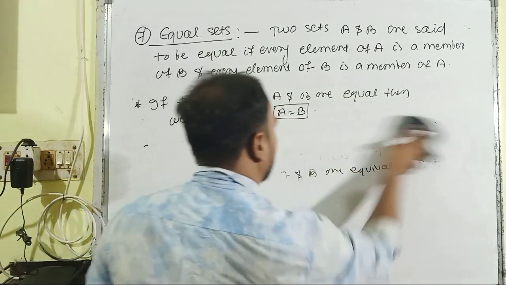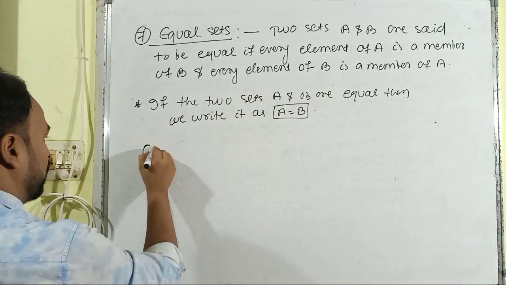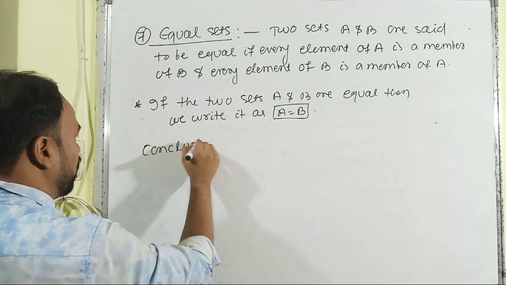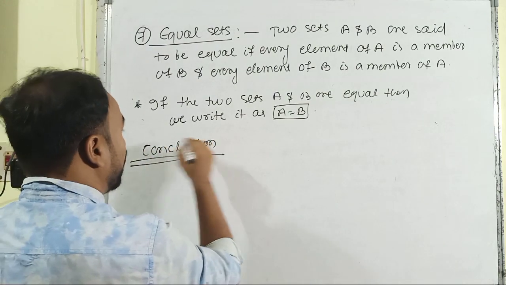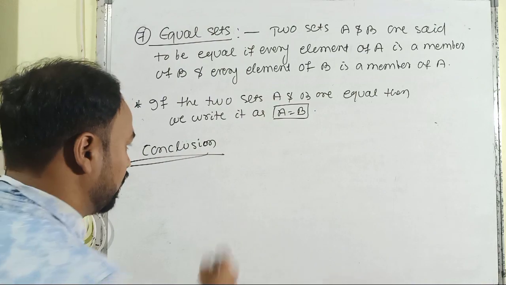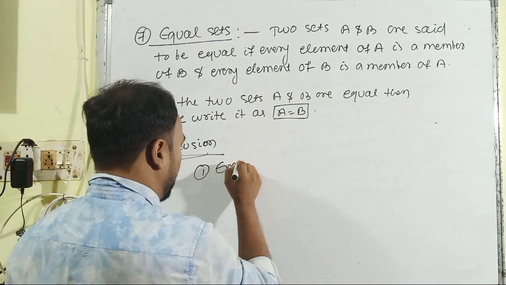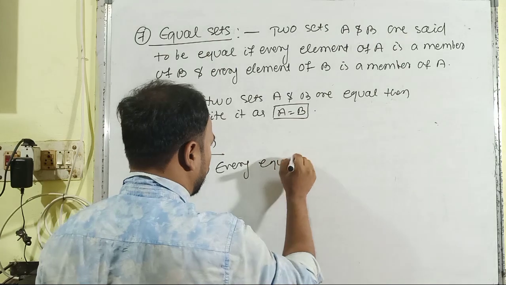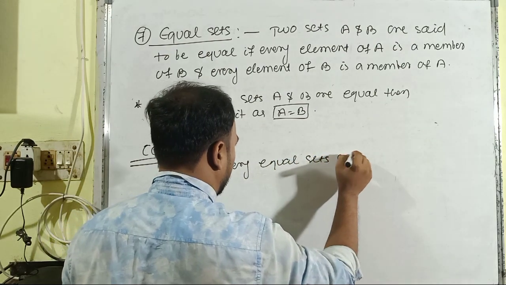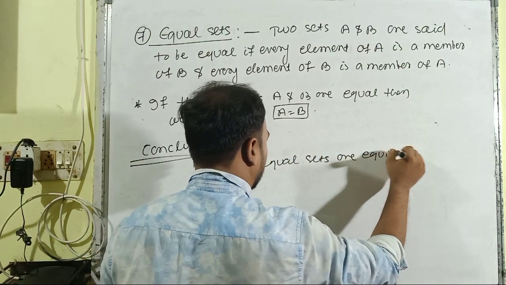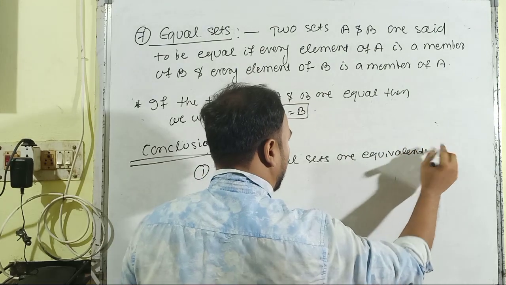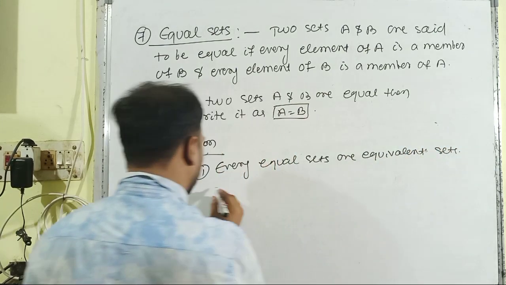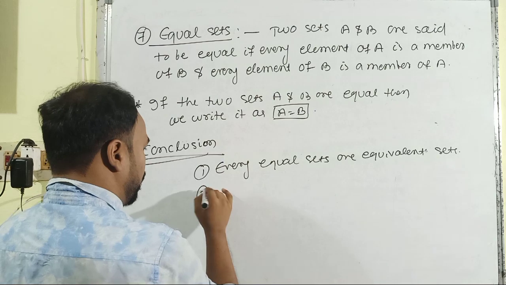Okay, let us write down the conclusion here. So the final conclusion between equivalent sets and equal sets: every equal set is an equivalent set.